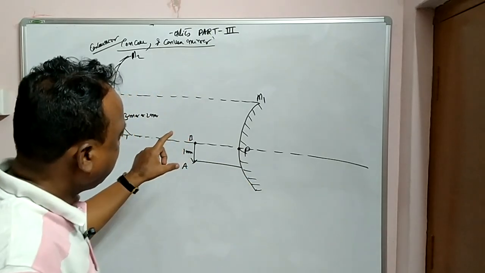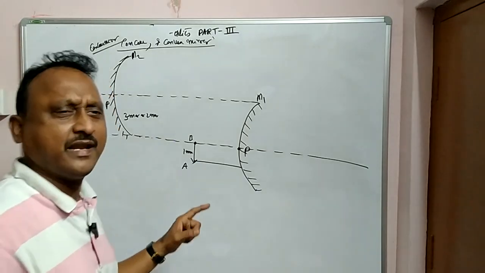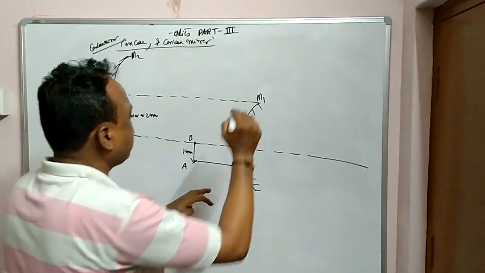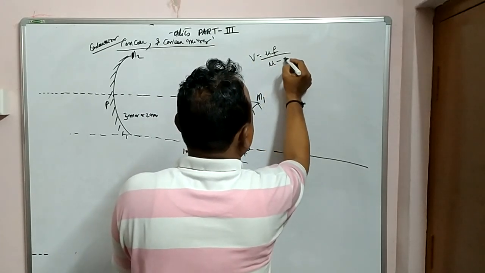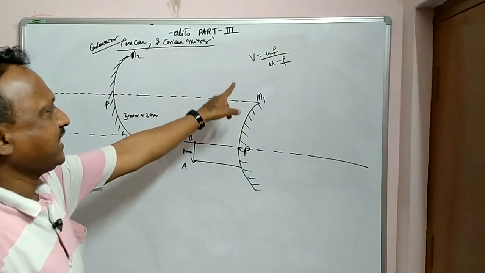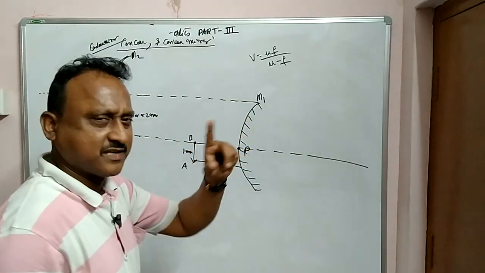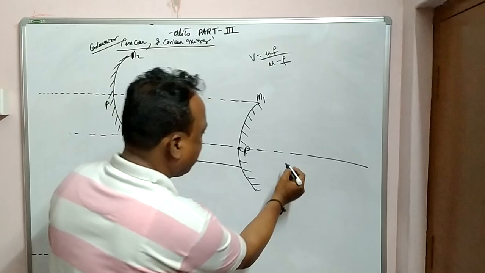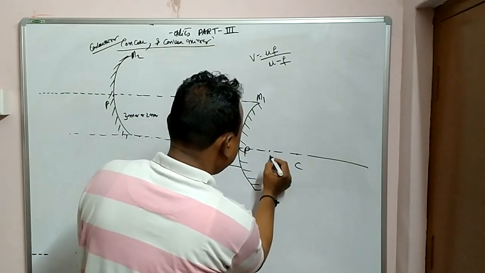So in such cases, what do you do? Same thing, as usual find the image distance. V is equal to UF by U minus F. Find where you are getting the image, whether this side or that side. Suppose, as I told you for convex, it is always virtual, because this is the right side, this is the center, this is the focus.